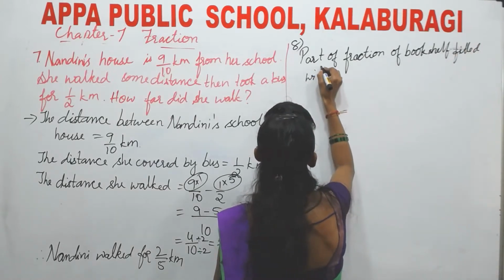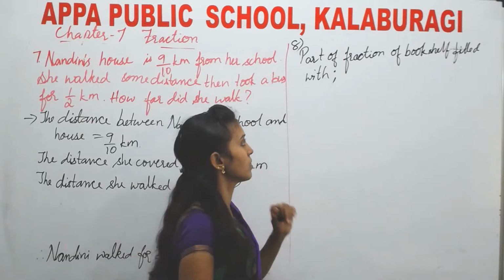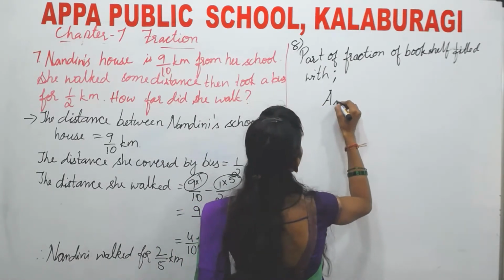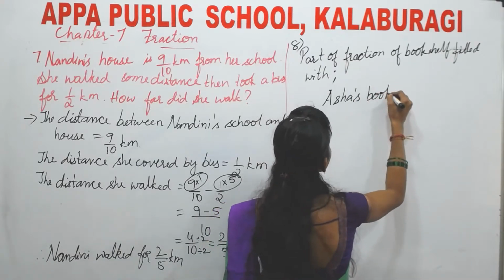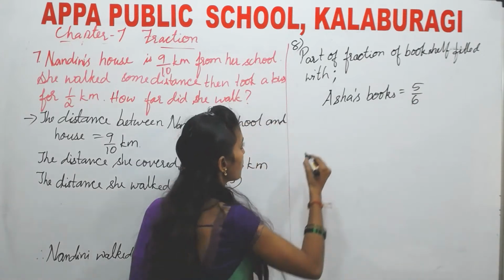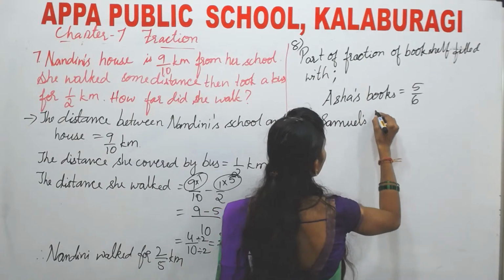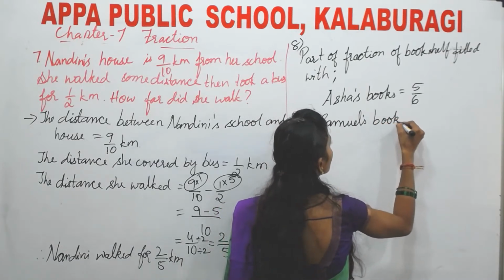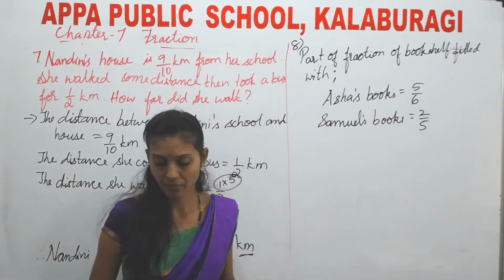This is a common statement for both. With Asha's books, it is 5/6. And with Samuel's books, it is 2/5. Right?